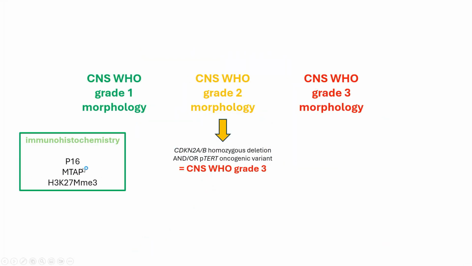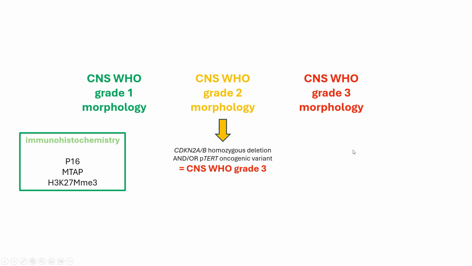So what we already knew, and what was recommended in the 2021 WHO classification, was that we should examine probably all grade 2 meningiomas for the presence of CDKN2A/B homozygous deletion and/or TERT promoter mutations. And when these are present, regardless of what the morphology of the meningioma is, it should be classified as a grade 3 tumor.